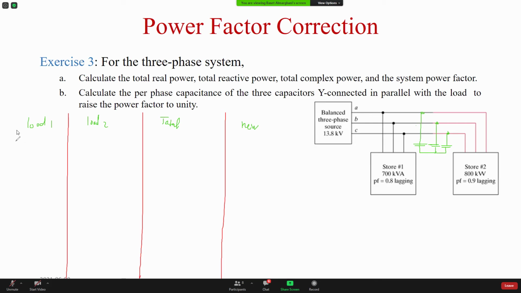Okay, so load 1, S is given, 700 kilovolt ampere. Power factor for load 1 is 0.8 lagging.